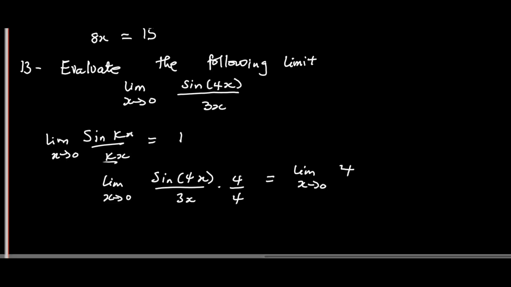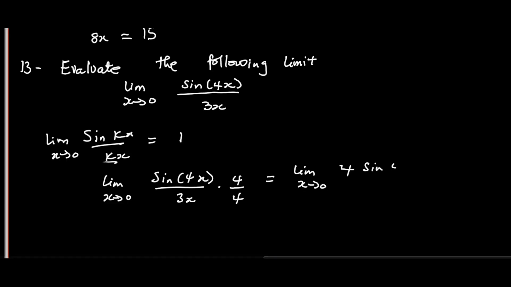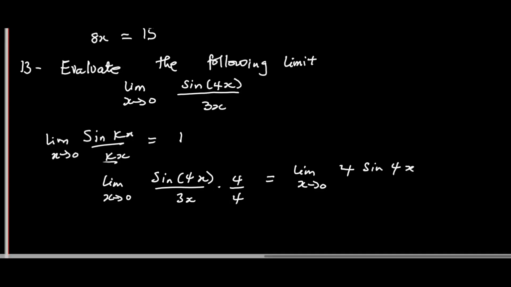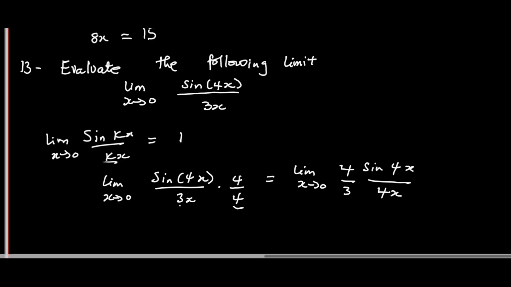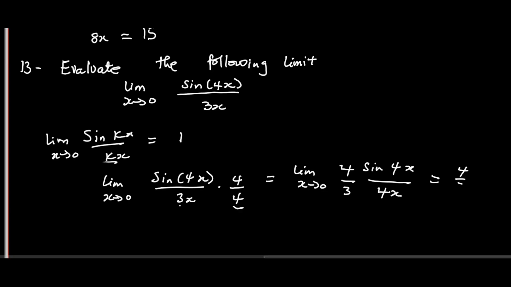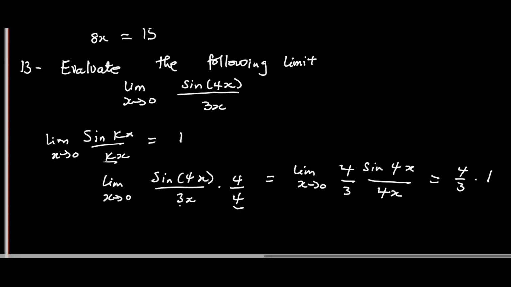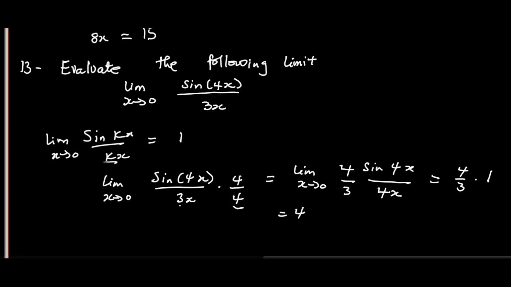So we can bring the 4 out, and we have sine 4x. Multiplication is commutative, so I can put this 4 here and the 3 here; it doesn't change anything, so I have 3 over 4x. Now I have the same thing here, and this gives me 1. So if I evaluate the whole limit, I have 4 on 3 times 1, which gives me 4 on 3.